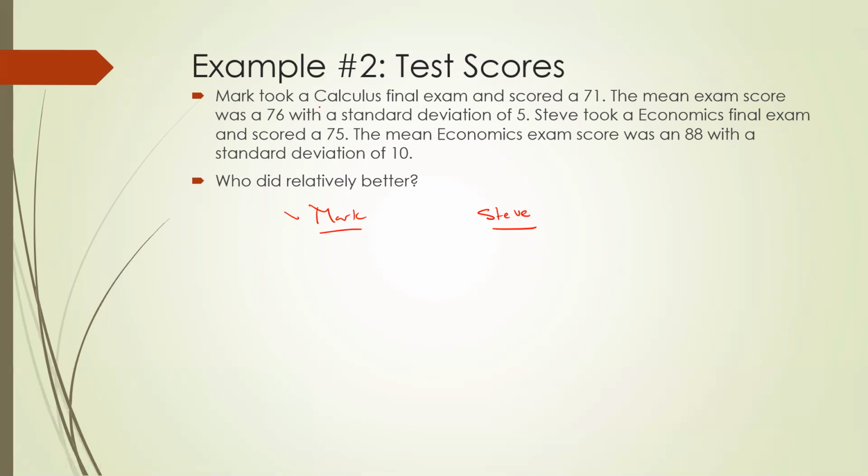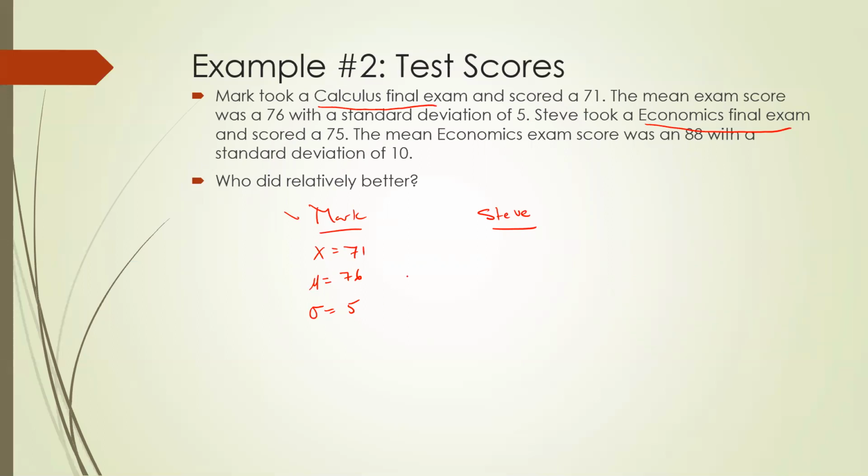Mark took a calculus final exam and Steve took an economics final exam. Mark scored a 71 on the exam, and the mean exam score in the calculus was 76 and the standard deviation was 5.